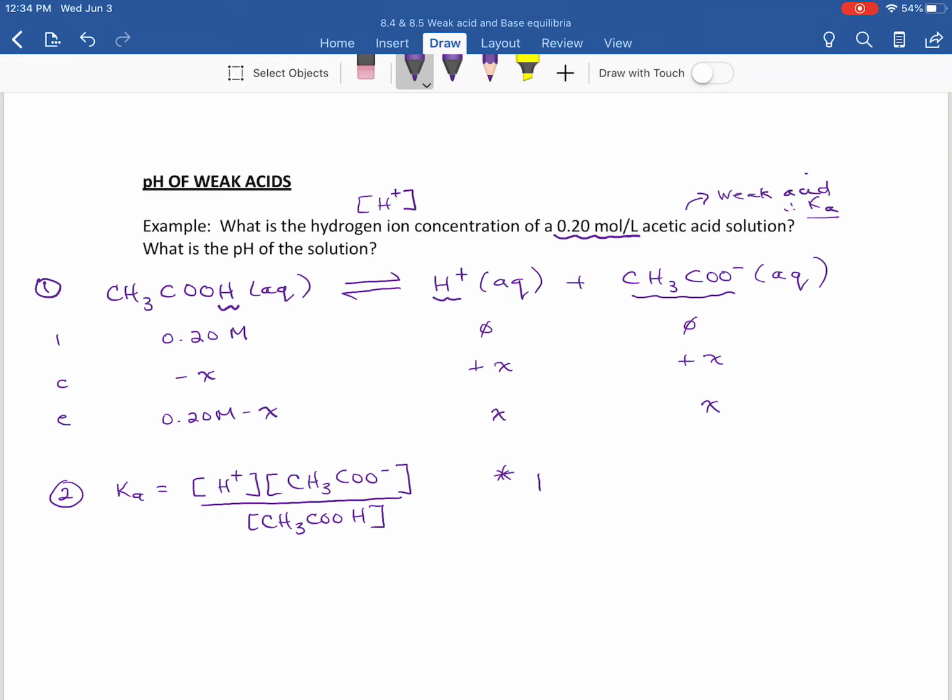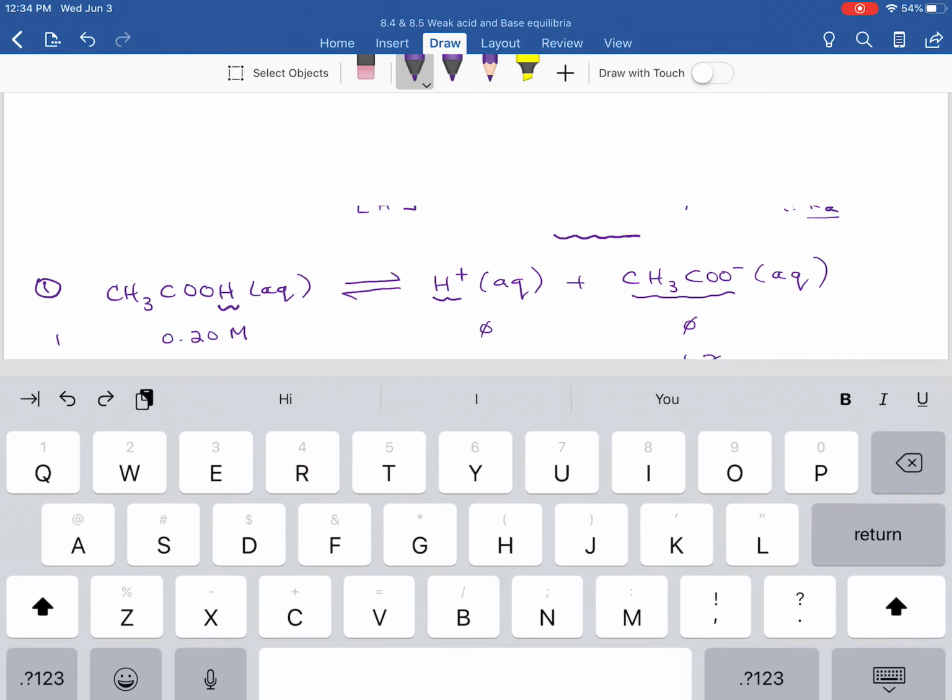Yep, page 726 in your textbook has the Ka for acetic acid, also known as, if you remember this from organic chemistry, the IUPAC name for acetic acid, ethanoic acid. And when I looked it up, it's 1.8 times 10 to the negative 5. I had to look that up. So now that we know that piece of information, we can plug it in.